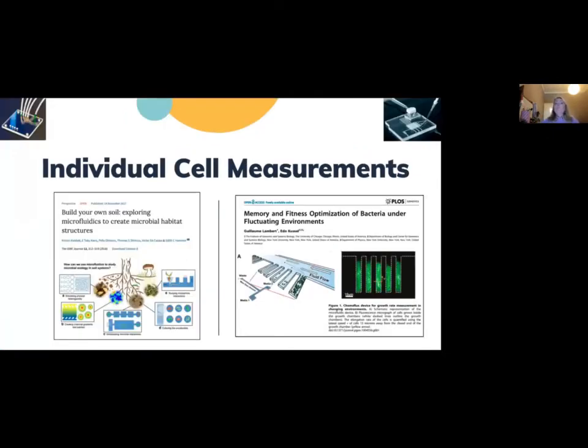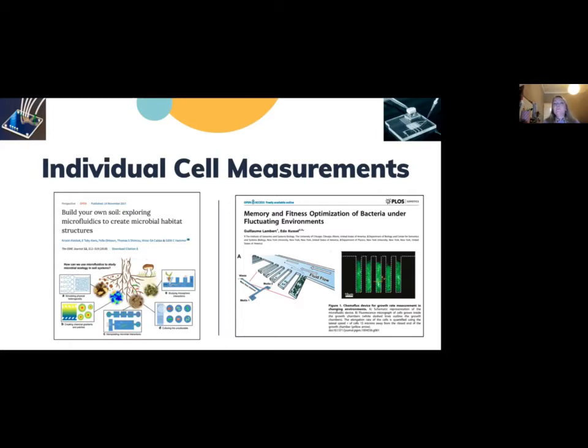And so globally, there's been a shift in how we interrogate microorganisms in the lab. There's also been more of a focus on automation, machine learning, and monitoring microbial communities in simulated conditions that mimic the real environment as much as they can, such as, for example, this build-your-own-soil microfluidic device.